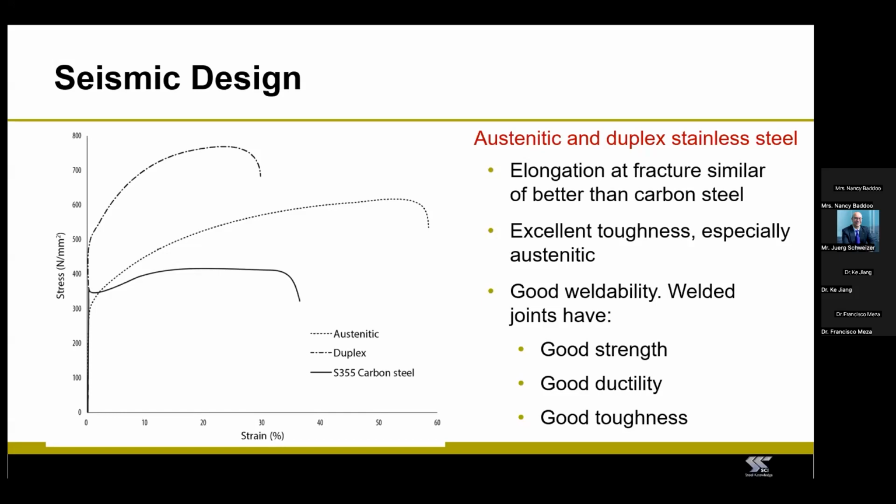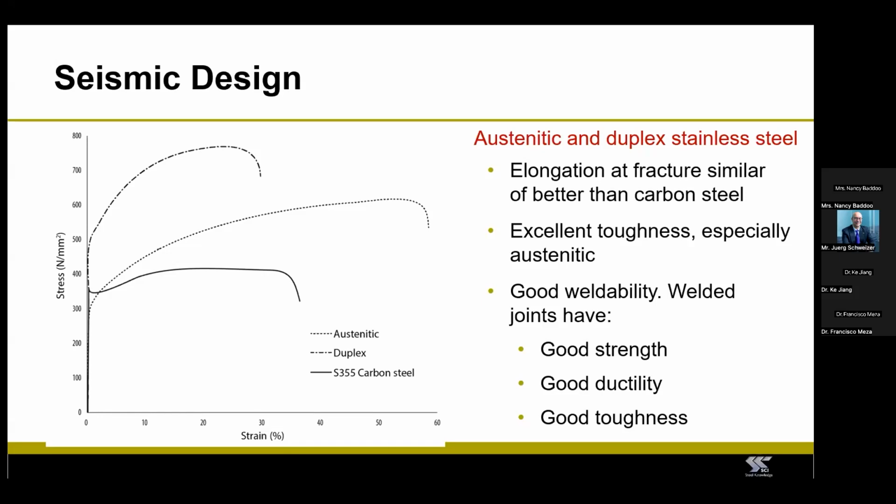In this regard, austenitic and duplex stainless steel should have no issue meeting the ductility requirements given in the seismic codes. Austenitic and duplex stainless steel also have similar or superior toughness to carbon steel, which is important to avoid brittle types of failure modes.